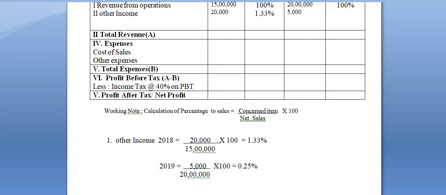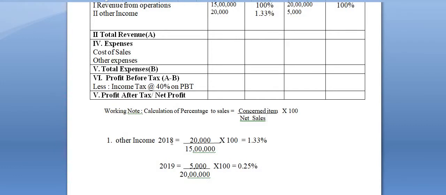I hope you have understood the calculation of percentage. The formula is concerned item of income statement, here other income, divided by net sales into 100. Now put the values into this formula. We are calculating percentages for other income.